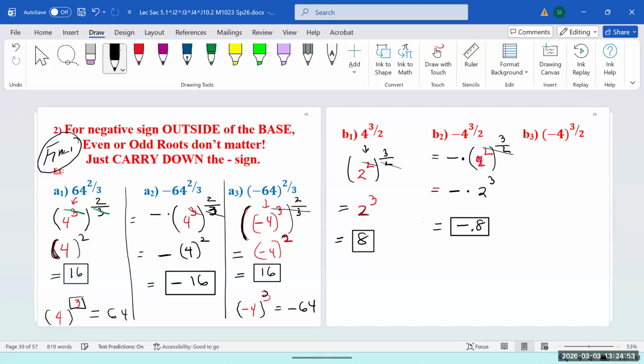So negative times 8, which is negative 8.